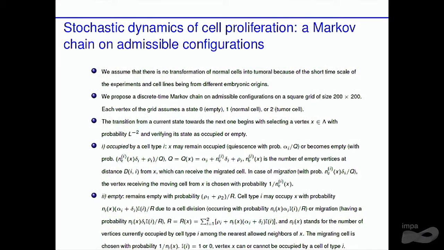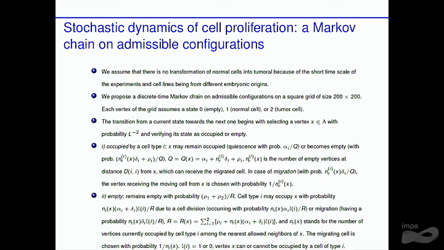If this vertex is occupied, it can remain occupied with a probability that here we assume is proportional to the cell division rate. We just took this parameter to be this value because we would like to reduce the number of parameters of the model as much as we could. And then it could also become empty.